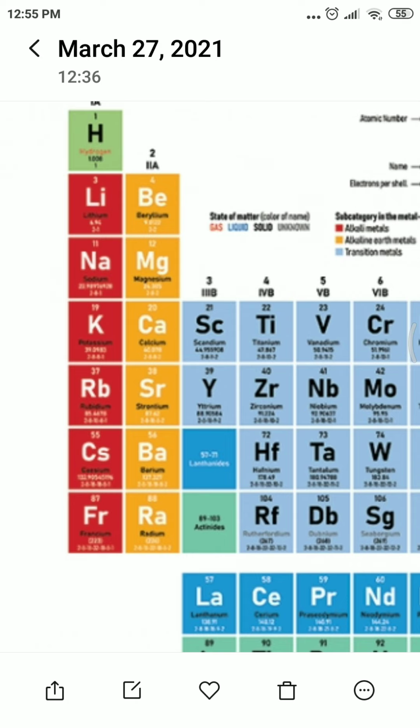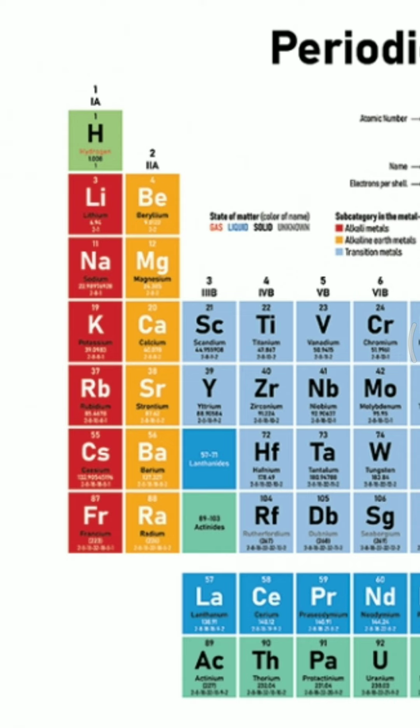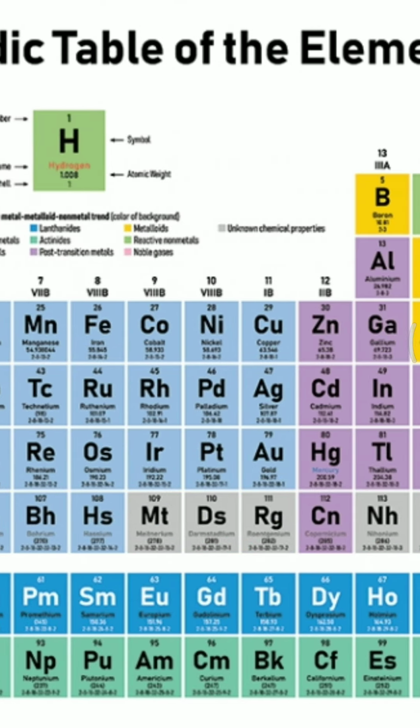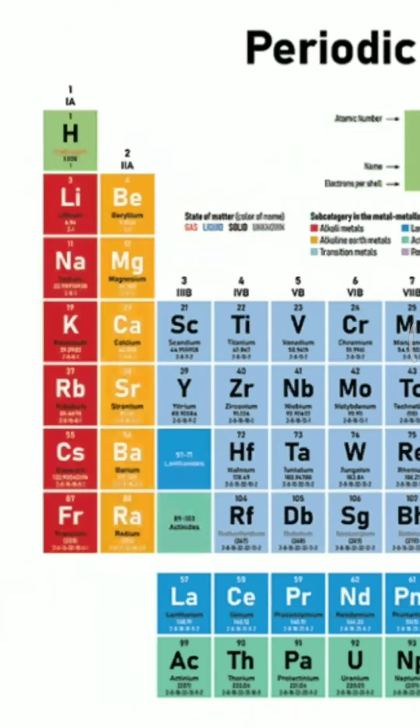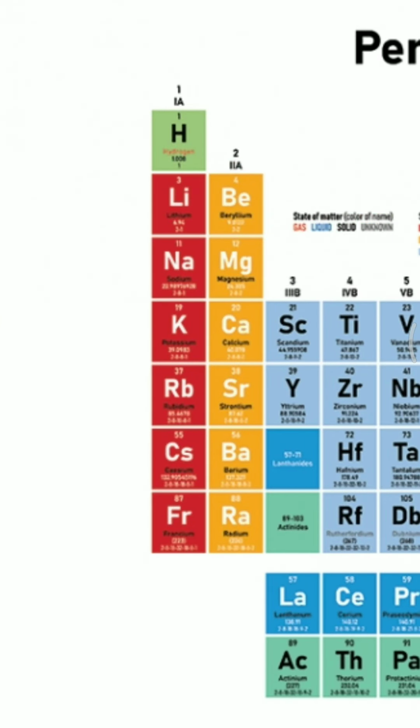These f orbitals have been put elsewhere. So I always used to think that the two-dimensional representation is wrong. There should be a three-dimensional representation of the periodic table, which should more or less look like a pyramid.